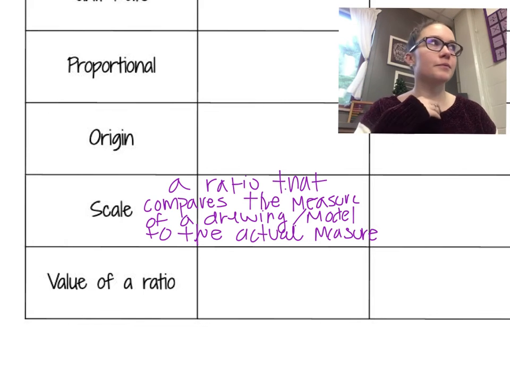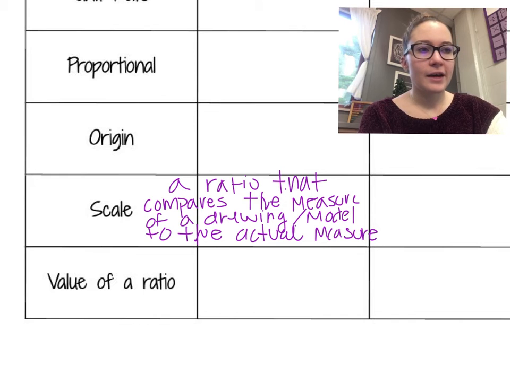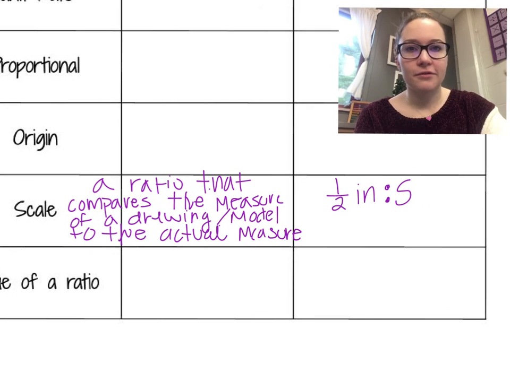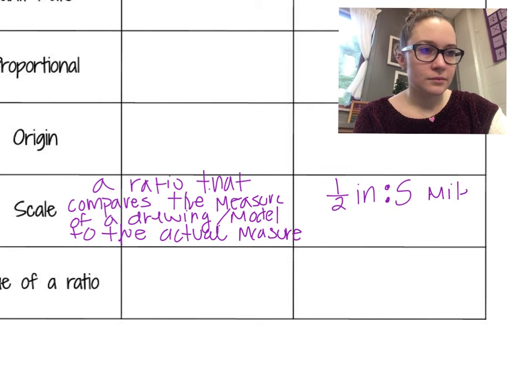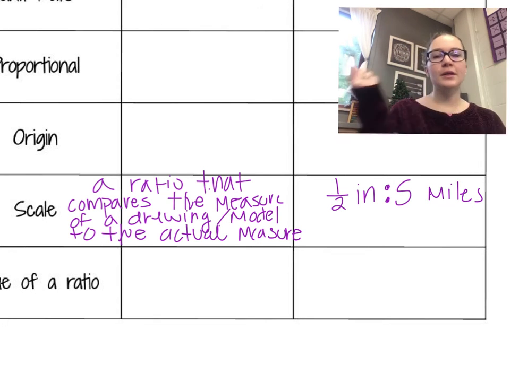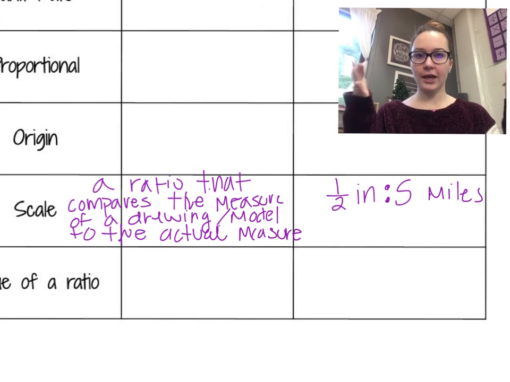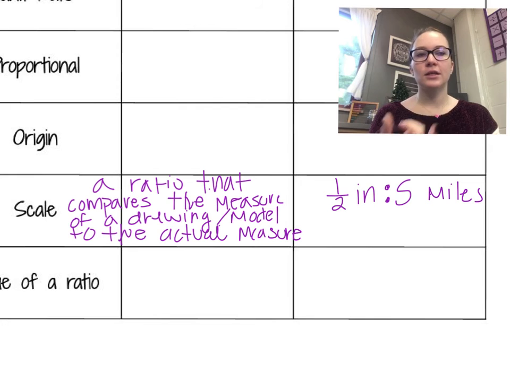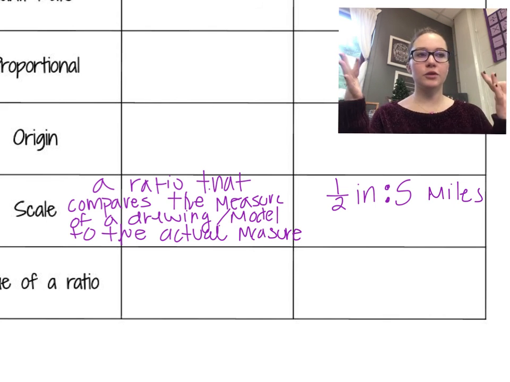That's crazy, okay? So what you might see on there is that a 1/2 inch on the map might equal 5 miles in real life. So for every 1/2 inch you measure on the map, that's equal to 5 miles in real life. So if two cities were 2 inches apart, that would be really 20 miles apart in real life, okay?